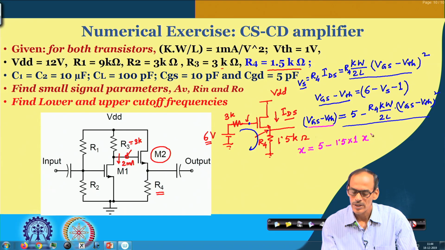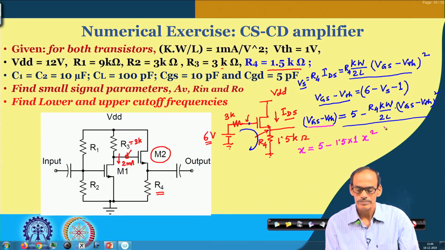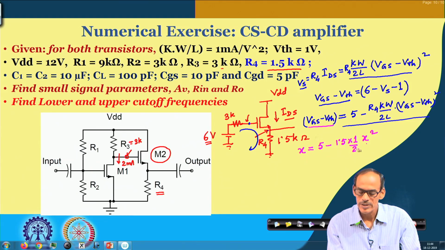So, that is x square, right. So, we do have by 2 also. Now from this one we can rearrange this equation.